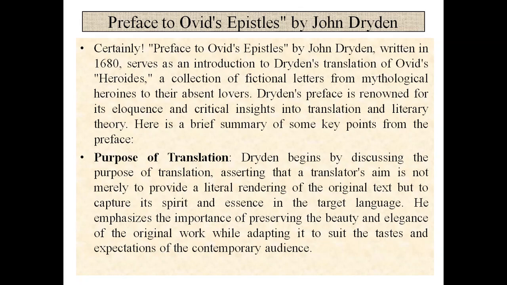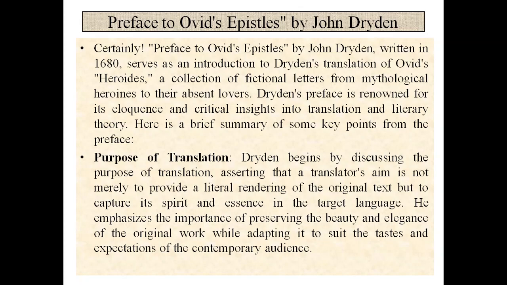This should be clear to you कि ट्रांसलेटर का एम सिर्फ लिटरल ट्रांसलेशन करना, वर्ड टू वर्ड मीनिंग बताना नहीं है, बट रादर देन टू कैप्चर इट्स स्पिरिट, कैप्चर द स्पिरिट ऑफ द सोर्स टेक्स्ट एंड एसेंस एंड देन convert into the target language, right?